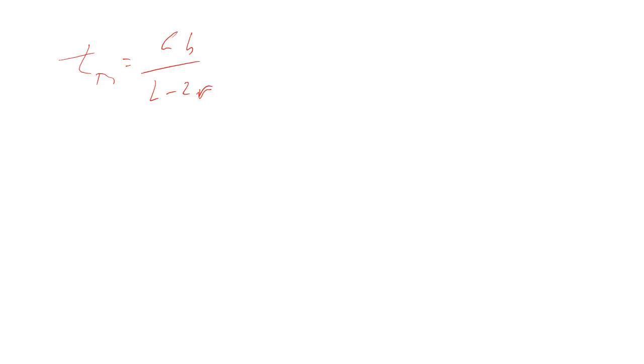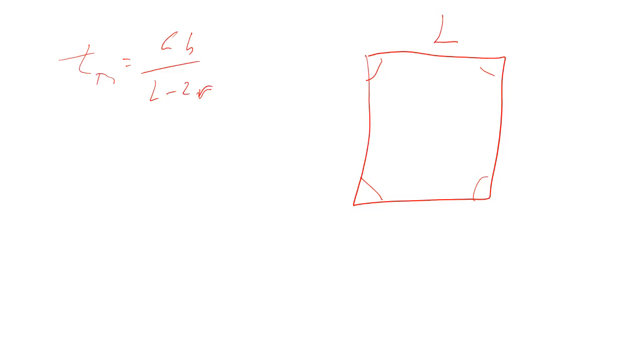So basically you can think of making a cube. This is L, approximately L. The particles are small, so really this is technically L minus 2R. But if you just assume this is L, your error is like 1% or something like that.